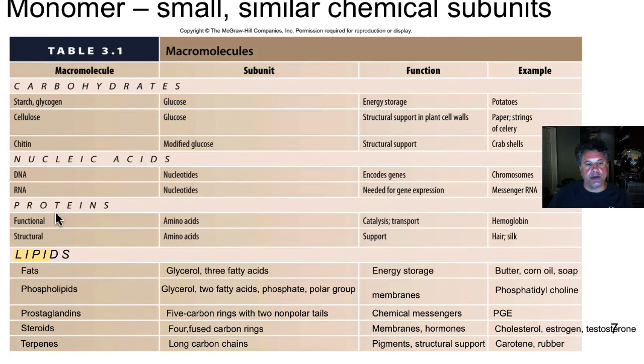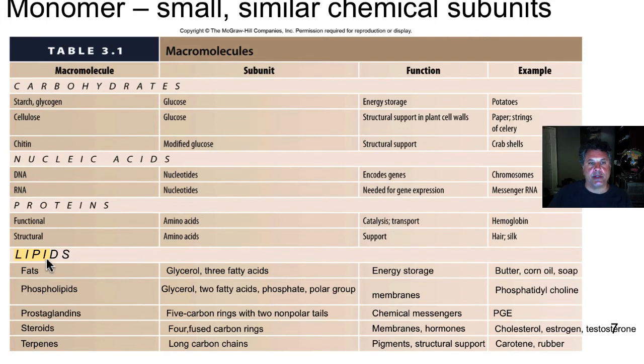And proteins also can form rigid support structures in the cell, the cytoskeleton that we'll talk about. So examples of structural proteins: hair, silk, the actin microfilaments that we'll find in cells that are part of the cytoskeleton. An example of a functional protein would be hemoglobin, which carries oxygen around in our bloodstreams.